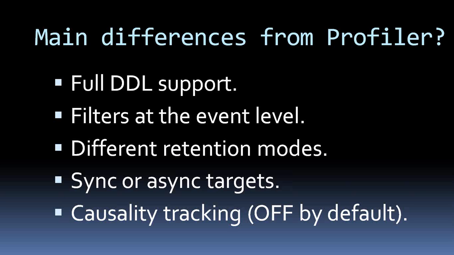And last but not least, something that's very cool, and we're going to go through it in my second demo, is causality tracking. This is off by default because off is lighter in performance than on.